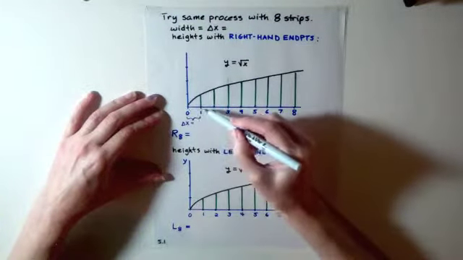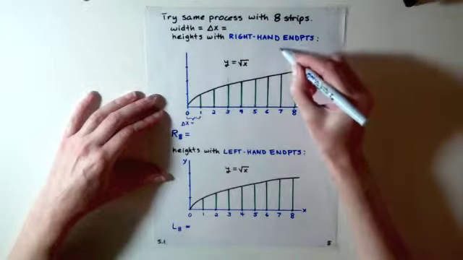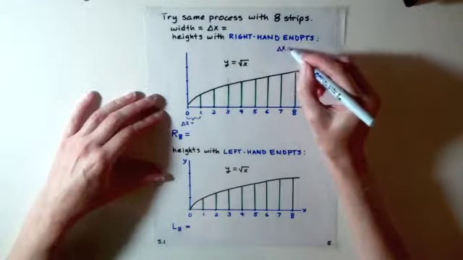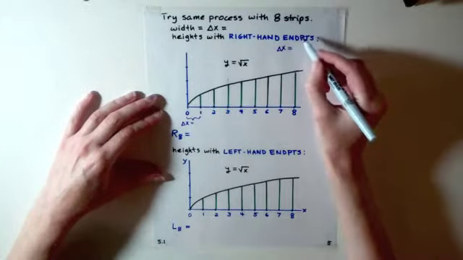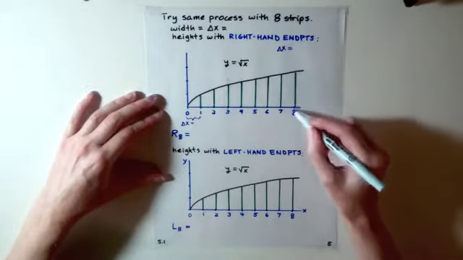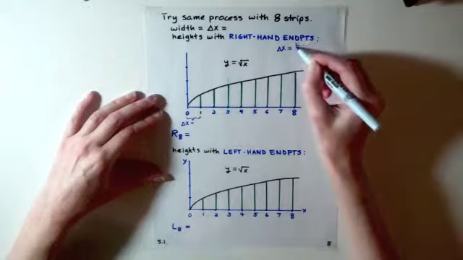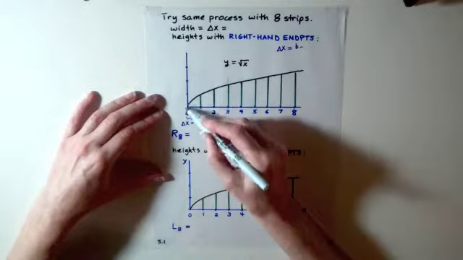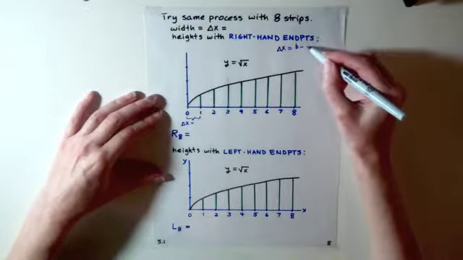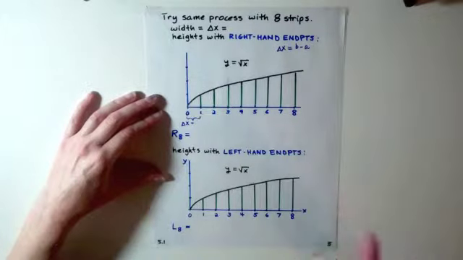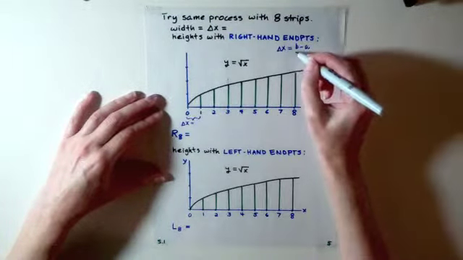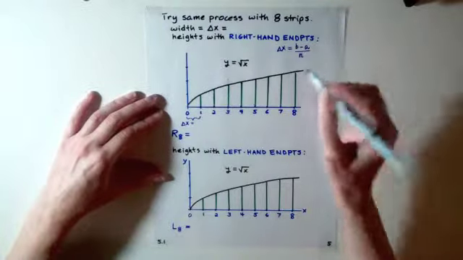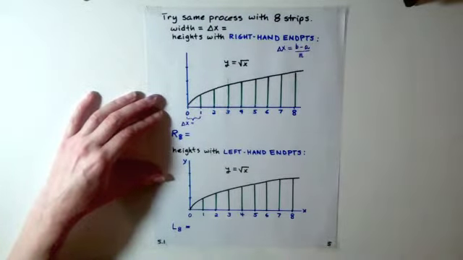It looks like each one will be 1 unit, and there is a little formula that you can use to figure out how wide each strip is. We just take the end point over here, I'll call that B in general, and the beginning point that we're starting at, I'll call that A. So those are the x values that go from the beginning to the end of our region. We divide it by the number of strips that we're going to break that region up into.